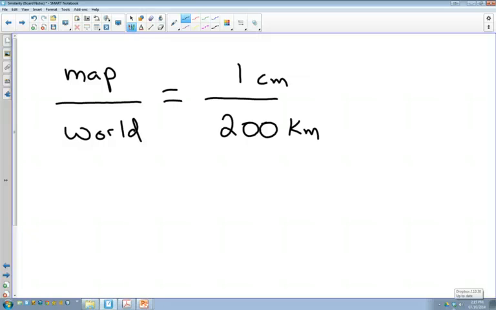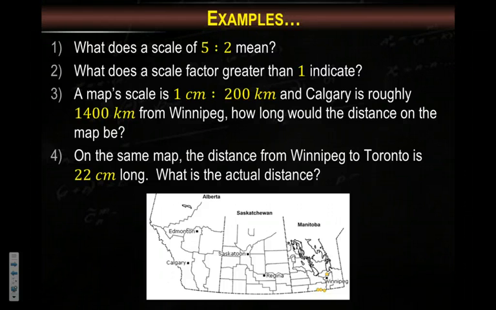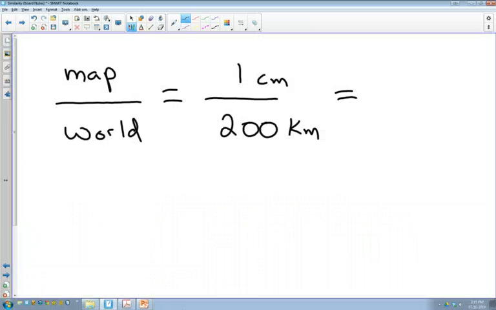This is equal. Now, over here, we have an unknown. I say it's 1 to, yeah, that's a 1, okay? So now I say here that we know the number of kilometers. The number of kilometers is 1,400.